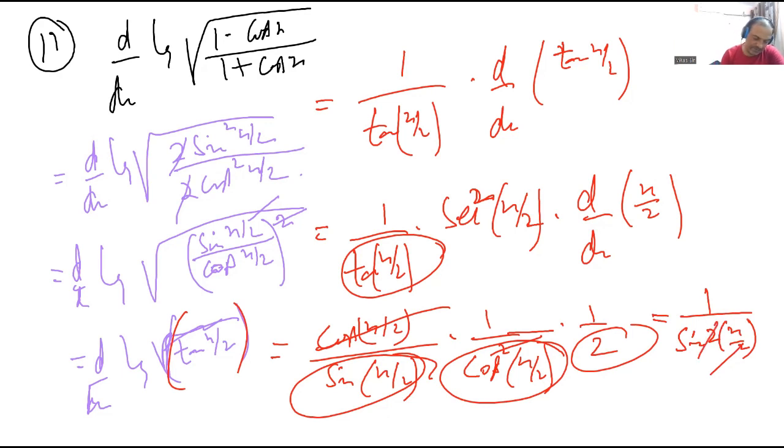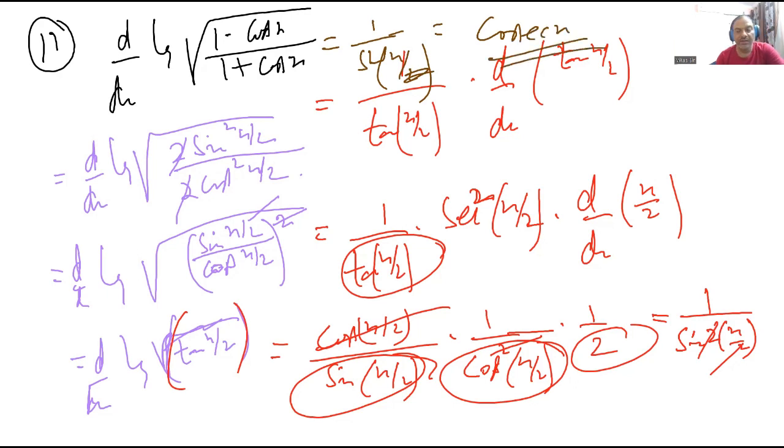The answer will be 1 over sine x, the 2 will get cancelled. Now, 1 over sine x is equal to cosec x. This is your required answer. This is the answer of d by dx of log under root 1 minus cos x over 1 plus cos x, which is equal to cosec x.